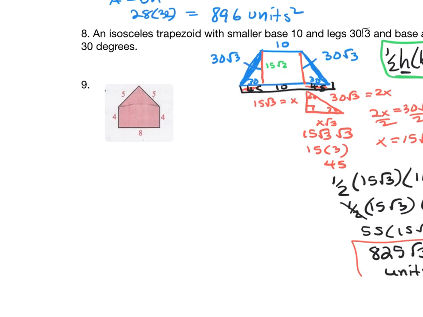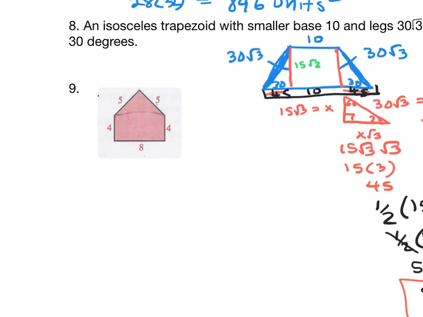Last question. It's this house-looking shape. So what I'm going to do is find the area. I'm going to divide this up, and I'm going to find the area of the triangle top and the rectangle bottom. The rectangle bottom is just 4 times 8, so the rectangle is going to be 32. Then for the triangle, notice it's isosceles.